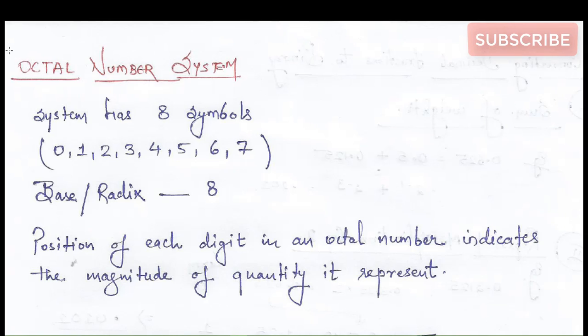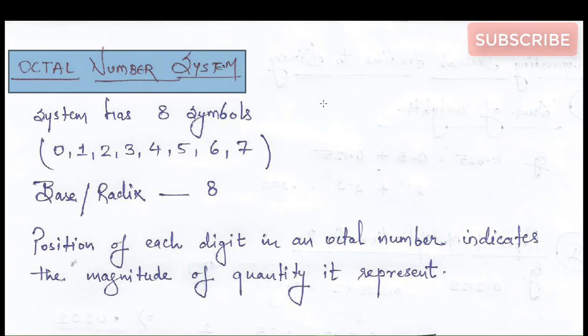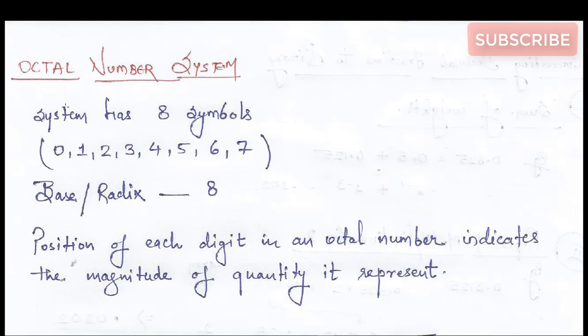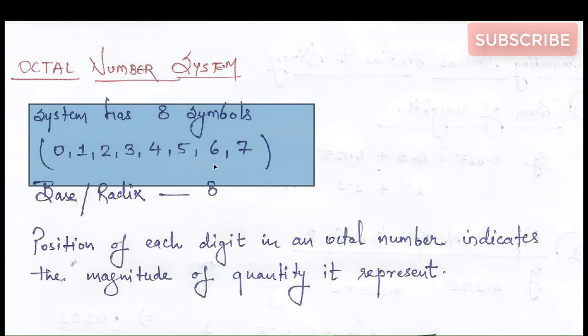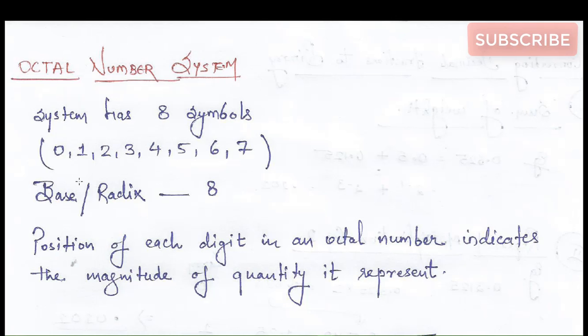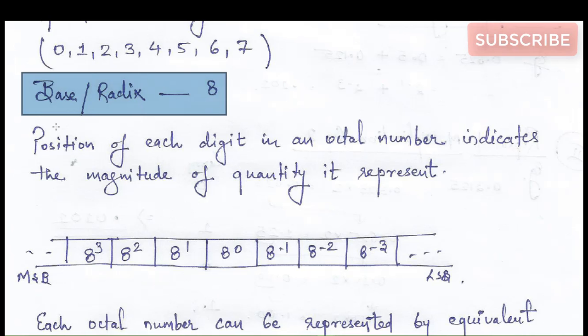So the octal number system, as the word suggests, has 8 symbols, octal means 8. The 8 symbols are 0, 1, 2, 3, 4, 5, 6 and 7. Base and radix is 8.